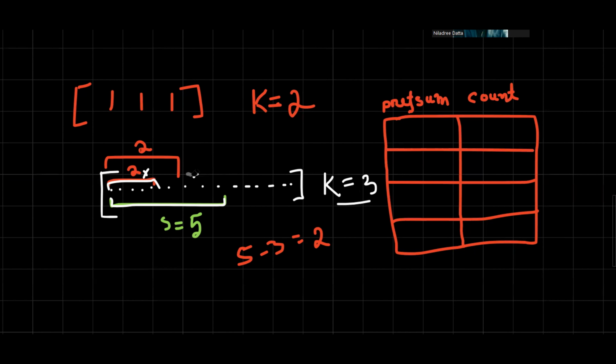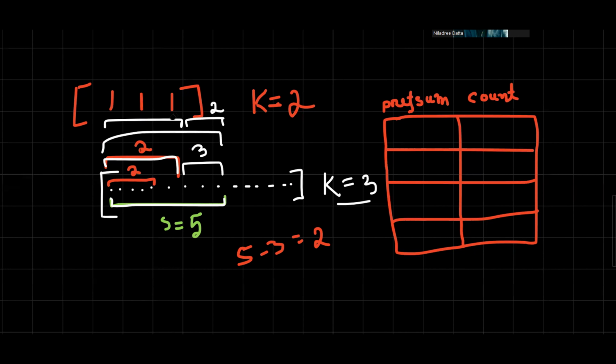Now again, suppose this portion of the array has prefix sum of 2 again, now we can say that this portion of the array has the sum of 3, right? Because all of the elements in this range have sum 5, and if we discard the prefix sum of these elements in this range, then the summation of the remaining elements will be 3.